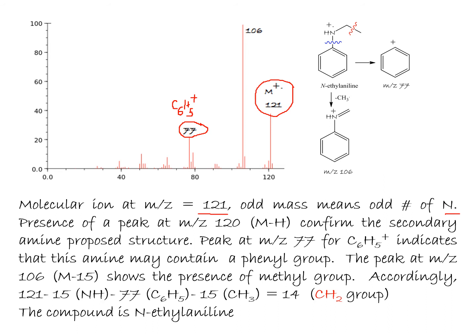The presence of a peak at 120 means M minus H, confirming the secondary amine proposed structure. The peak at 77 belongs to C6H5, indicating that this amine may contain a phenyl group.